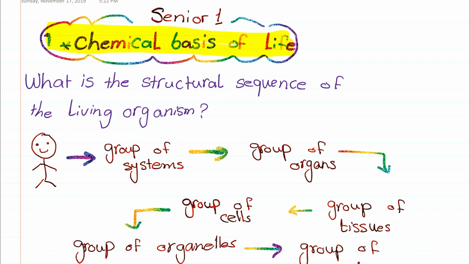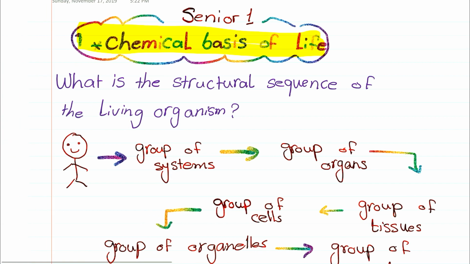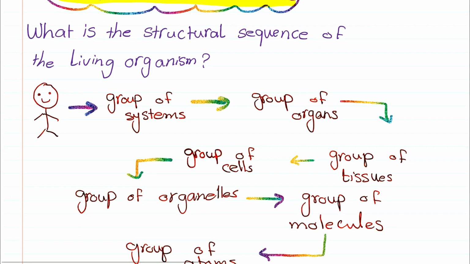Before starting this part, we need to know what is the structure sequence of living organisms. As we know, if we take the human being as an example, the human being is considered a living organism. So we have the whole organism. This organism is formed of a group of systems.